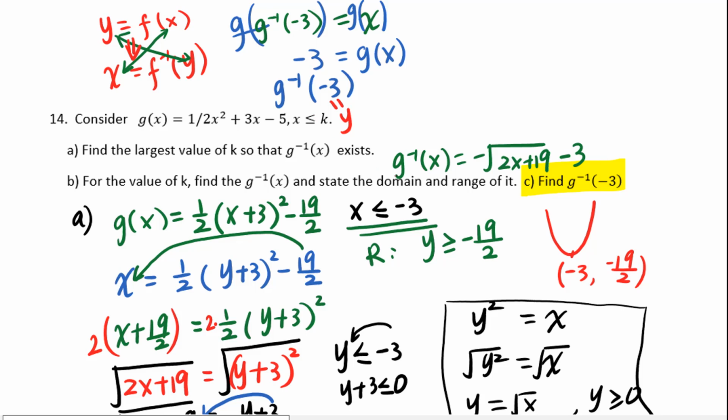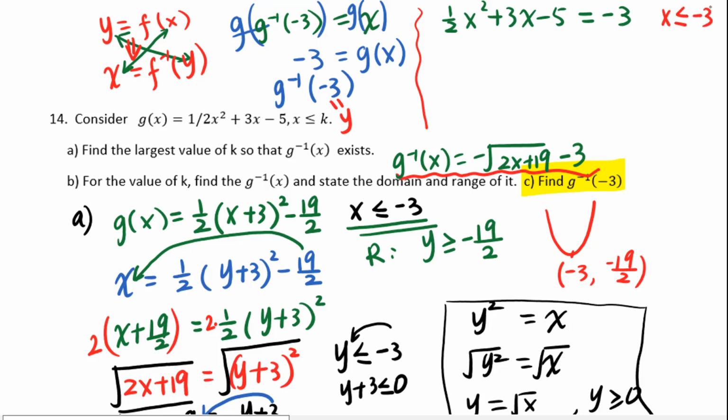Since we already figured out this inverse function, you can just plug into the inverse function to figure out the value. But I want to show you using the original function. You can set 1 over 2 x squared plus 3x minus 5 equals negative 3 to figure out this x. Make sure this x is less than or equal to negative 3.